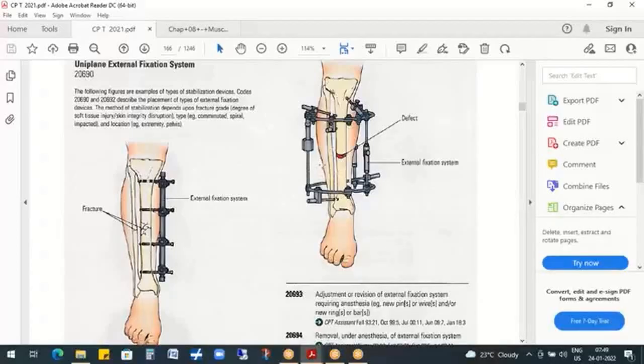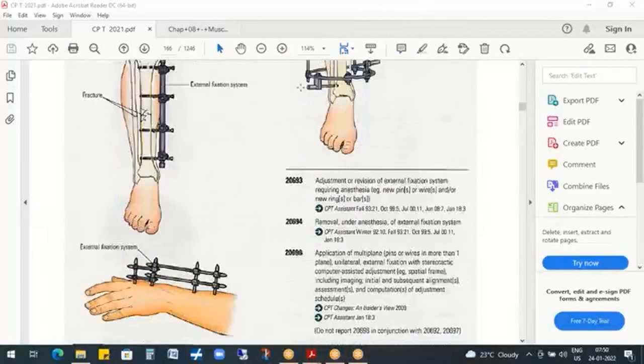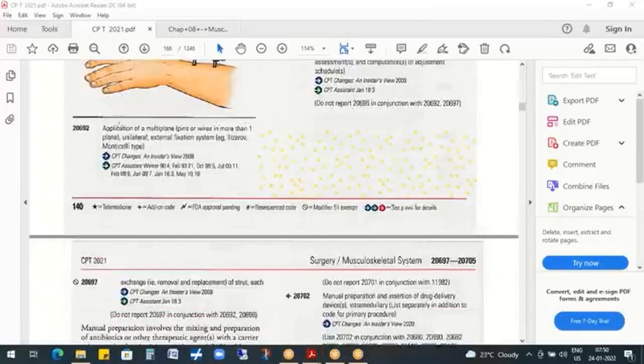On both sides they placed the rods, that is multiplane. This is nothing but external fixation devices. 20692 is for multiplane.